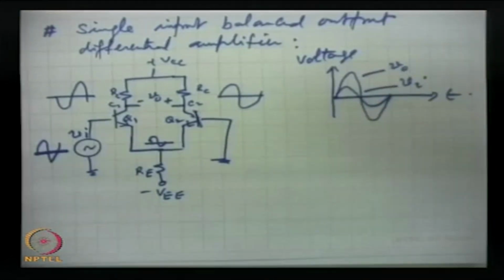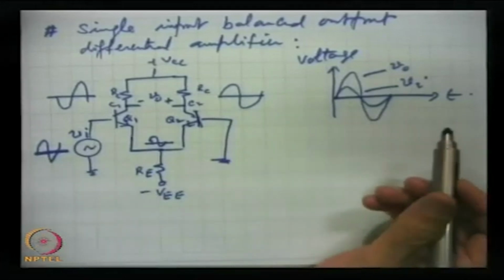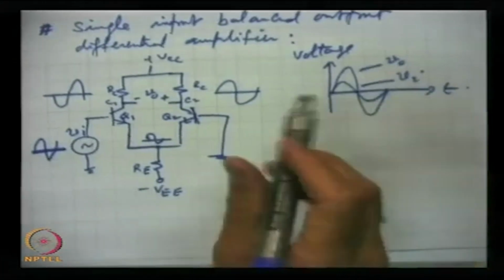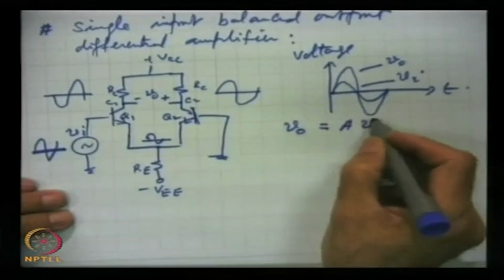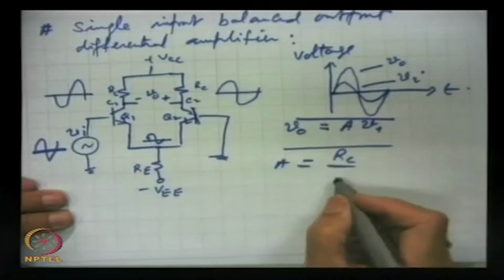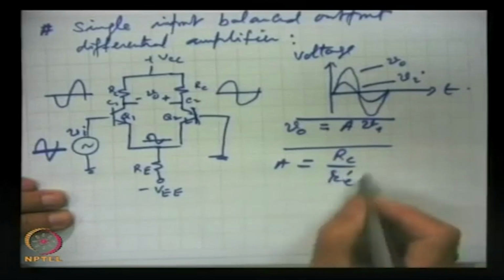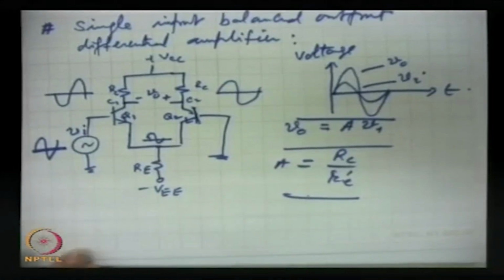So, we will get the output and input like that, and V0 will be equal to A V1, where A is RC by RE prime, as in the first case we studied.